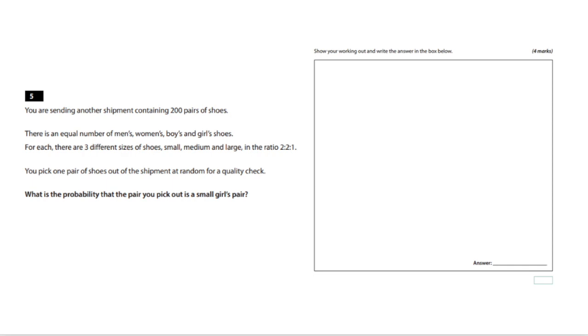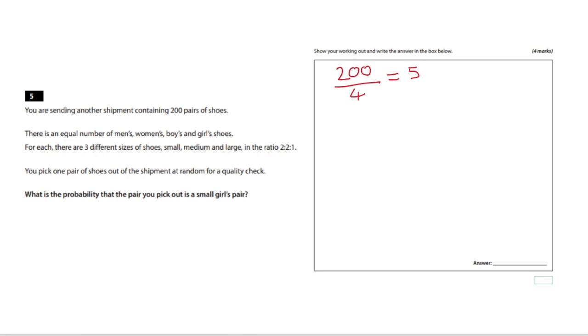Okay, so we have 200 pairs of shoes and there is an equal number of men's, women's, boys and girls. So that's 4 there, so we're going to divide the 200 by 4 to find out how many are in each category. If I show you, you're going to have 200 divided by 4, and that's going to equal 50.